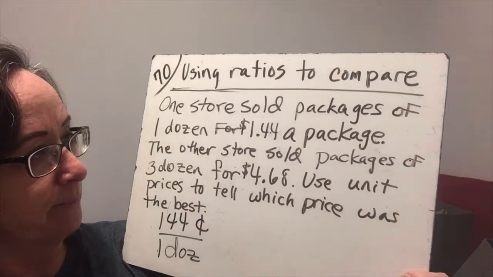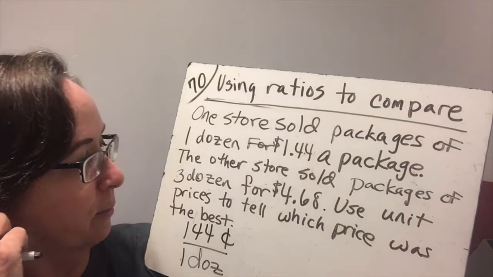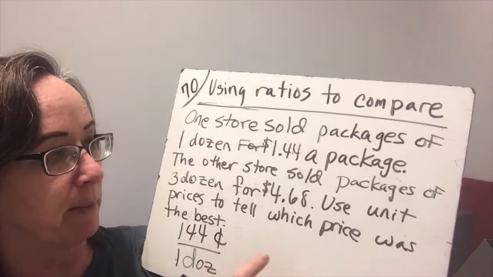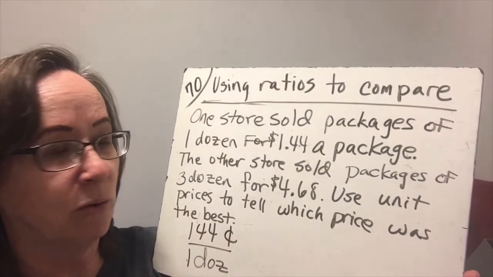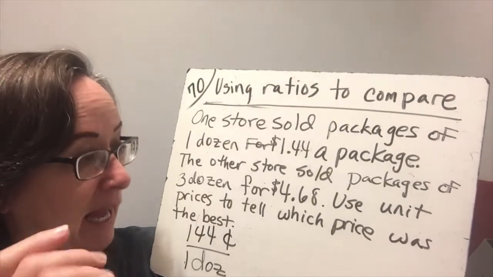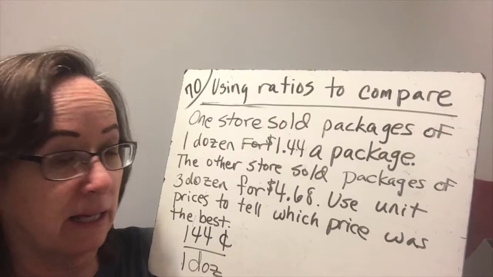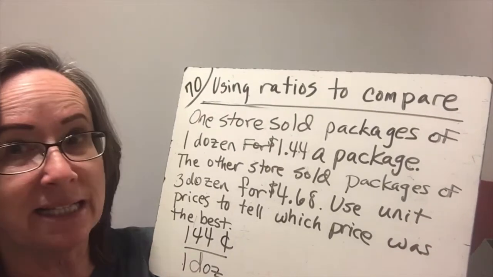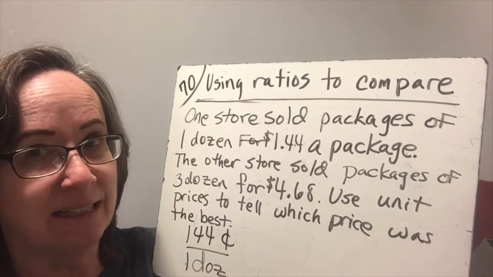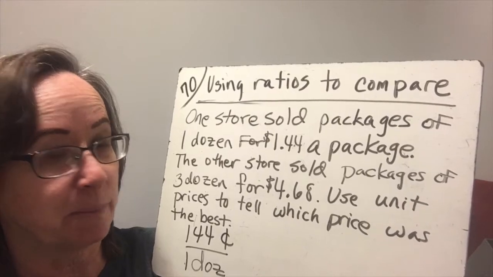Basically it says use unit prices to tell which price was the best. We can go with dozen, or we could go down to single items. But they really don't tell us how we have to do it here, do they? They just say which is the best price. Whether we use dozen or single items, we could still find the best price.